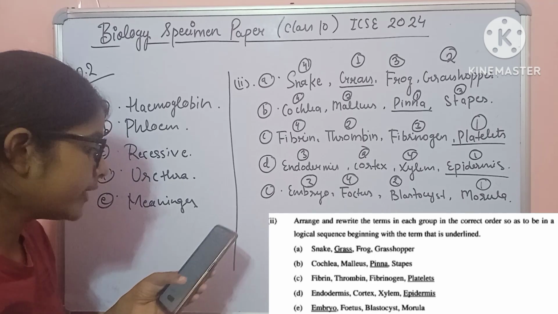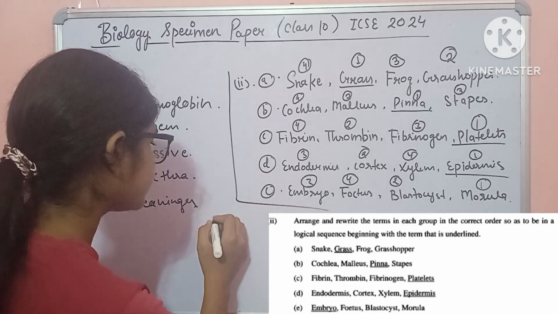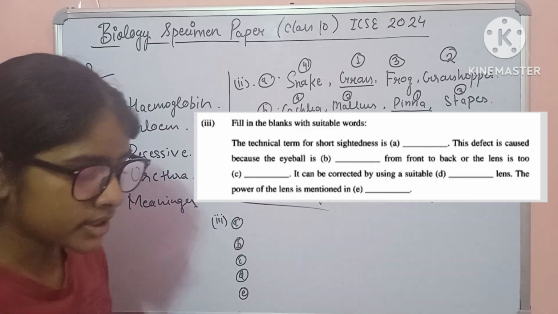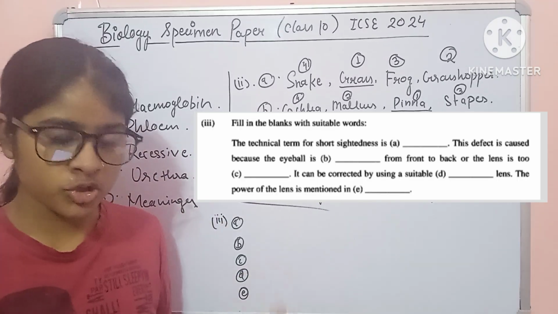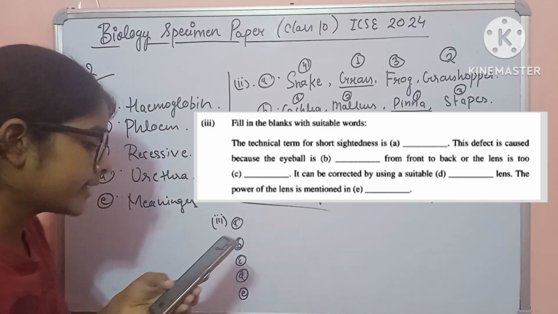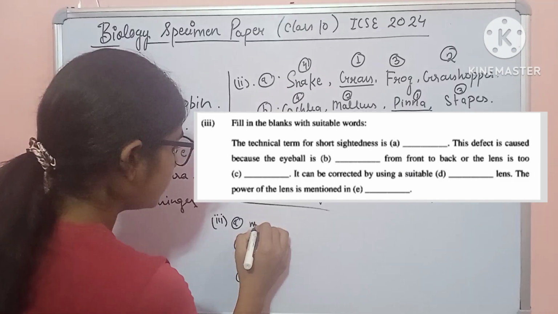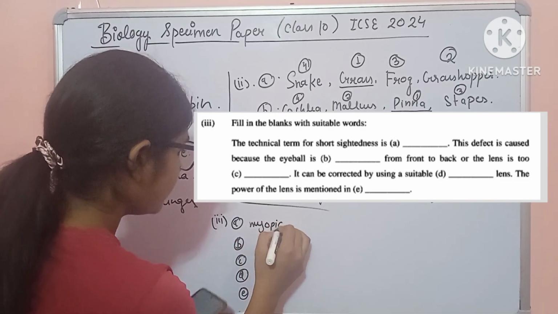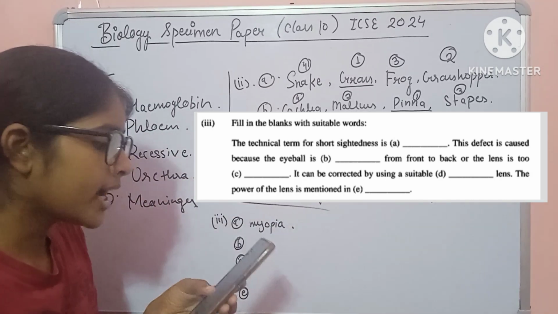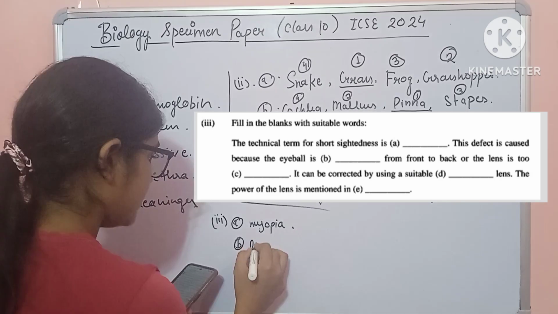Now see third part, fill in the blanks. So in this third part you have to read this short paragraph and you have to fill up the blanks. So let's start. The technical term for short-sightedness is myopia. Okay. Again, this defect is caused because the eyeball is lengthened from front to back.